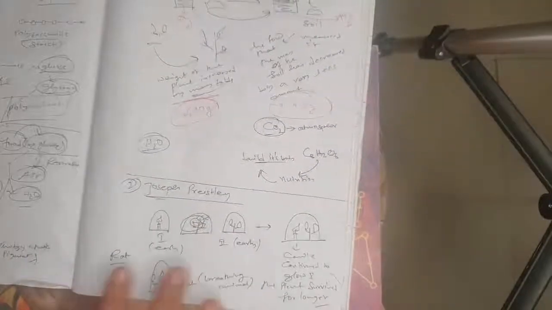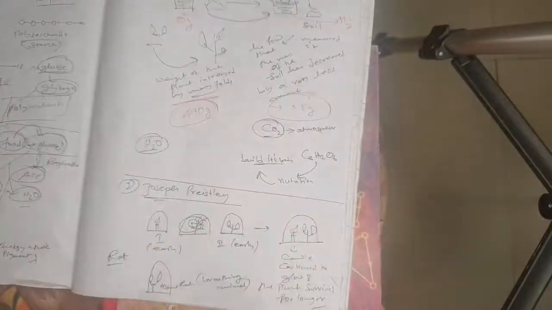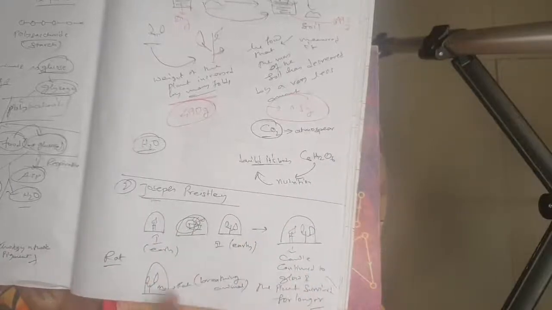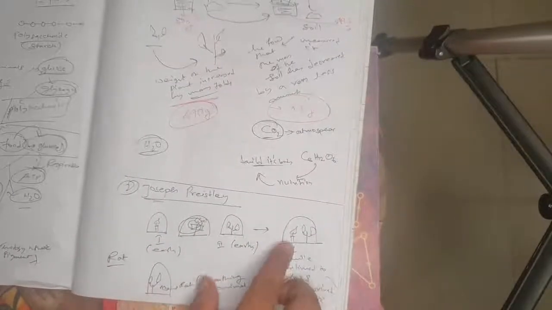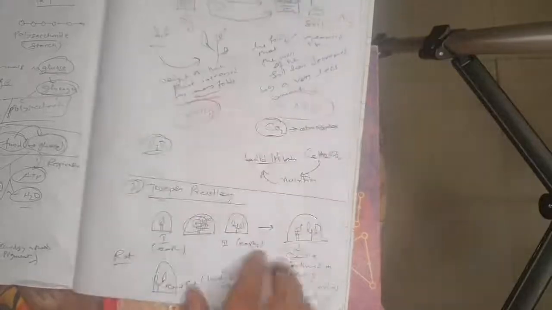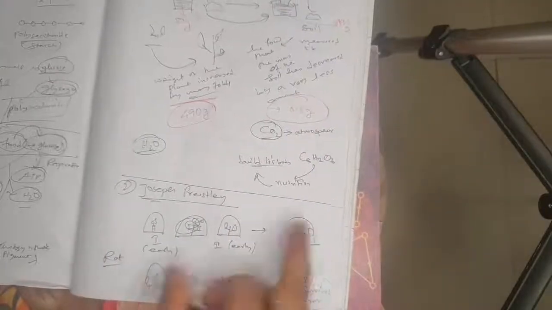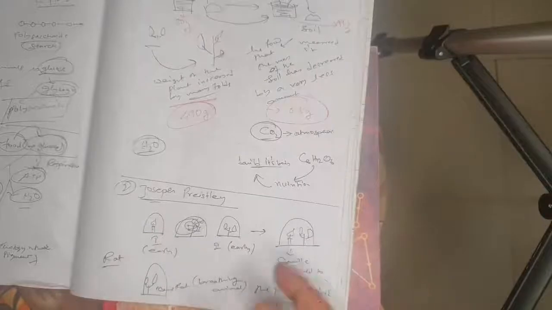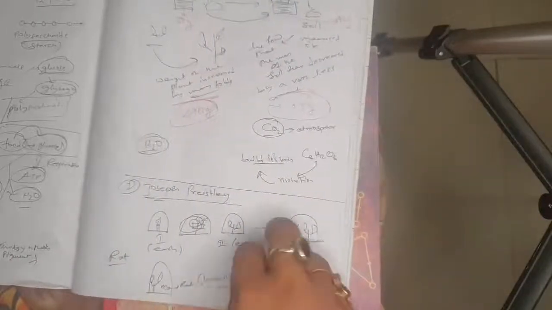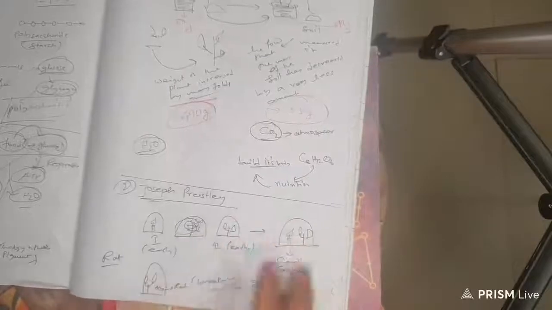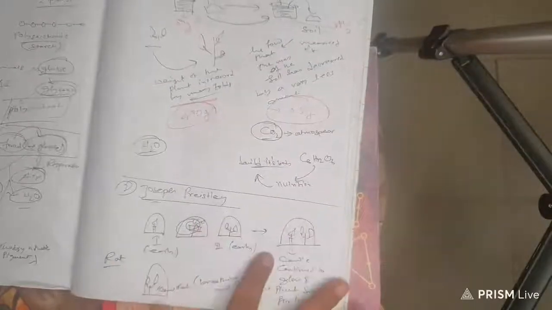Joseph Priestley tried to say, okay, it's from the atmosphere, because I have experimented that whatever is restored in the atmosphere by the burning candle or the breathing organism is taken up by the plants, and the plants restore something which helps them to keep alive, and both support each other. So something is in the atmosphere, but he didn't know what. But we know today it's CO2 and O2.